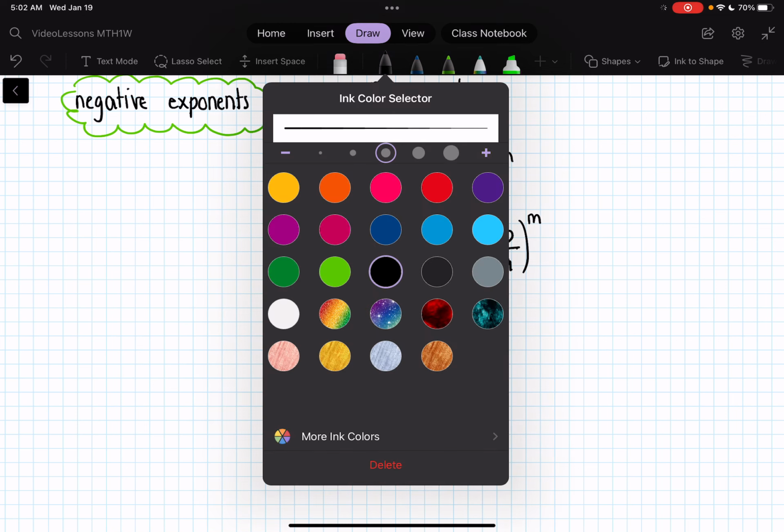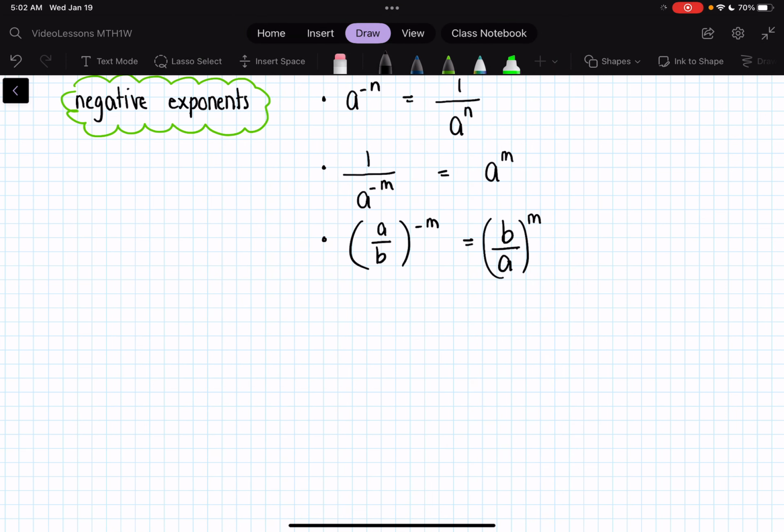Another identity is the zero power identity. What this identity says is that anything to the power 0 equals 1.